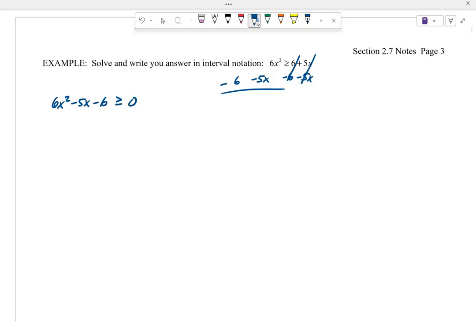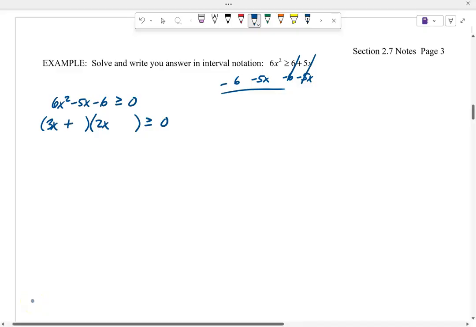Now the second thing is, we've got to find our critical points. So let's go ahead and factor this thing. You guys should get that factorization right there, right? And then of course FOIL it back, make sure you got the correct factorization.